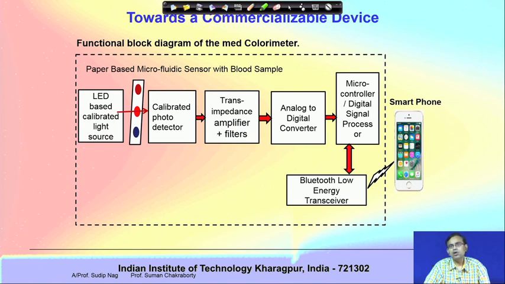So, this makes sure that the colorimetric signal that is obtained from the microfluidic test is essentially converted into a digital signal, and then by Bluetooth low energy transceiver this information is transferred to the mobile phone. The mobile phone that the health worker or the patient is carrying will now be having the information on the result of the diagnostic test.